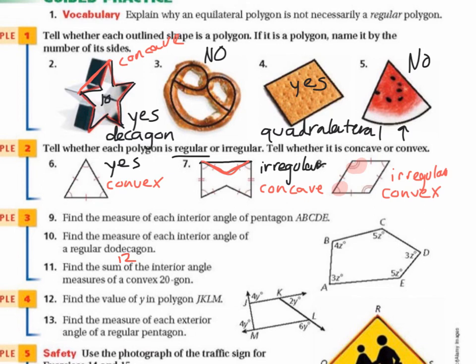So how do we find the measure of each interior angle? 12 minus 2 times 180 divided by 12. What do we get? 150? So 150 degrees.